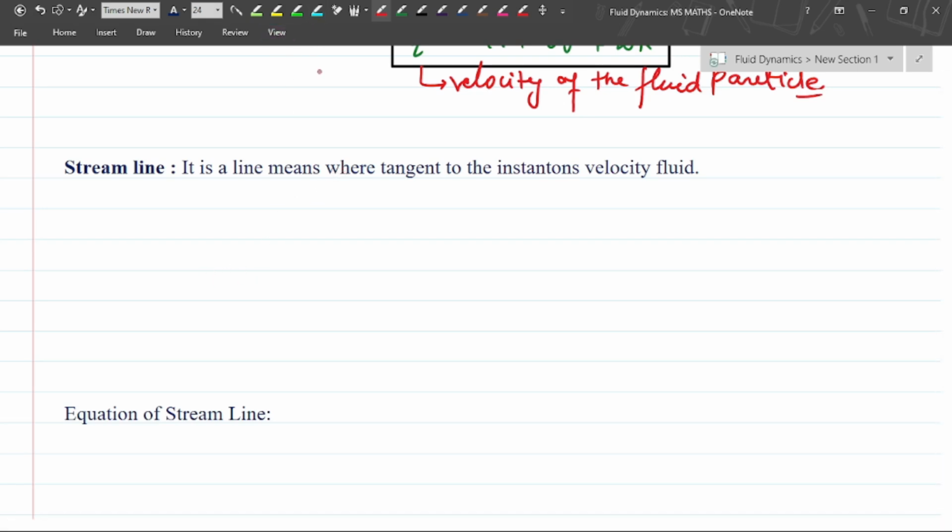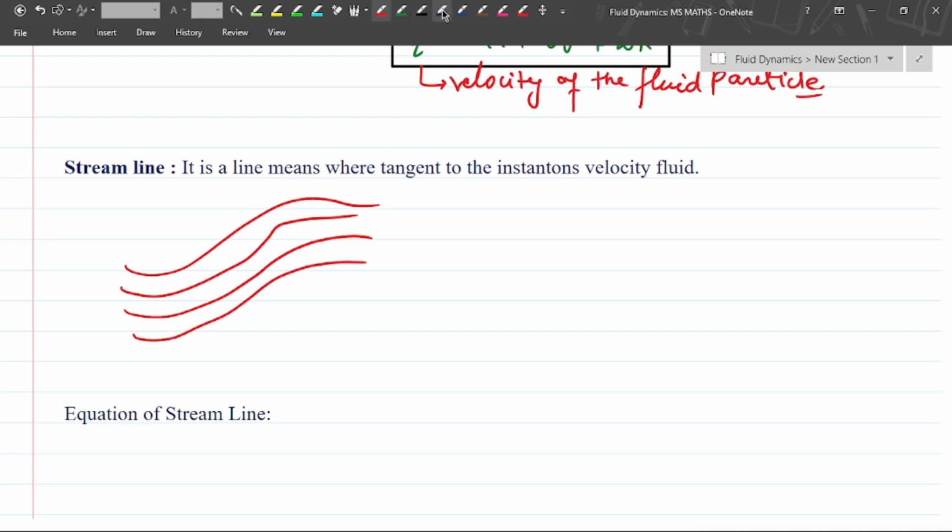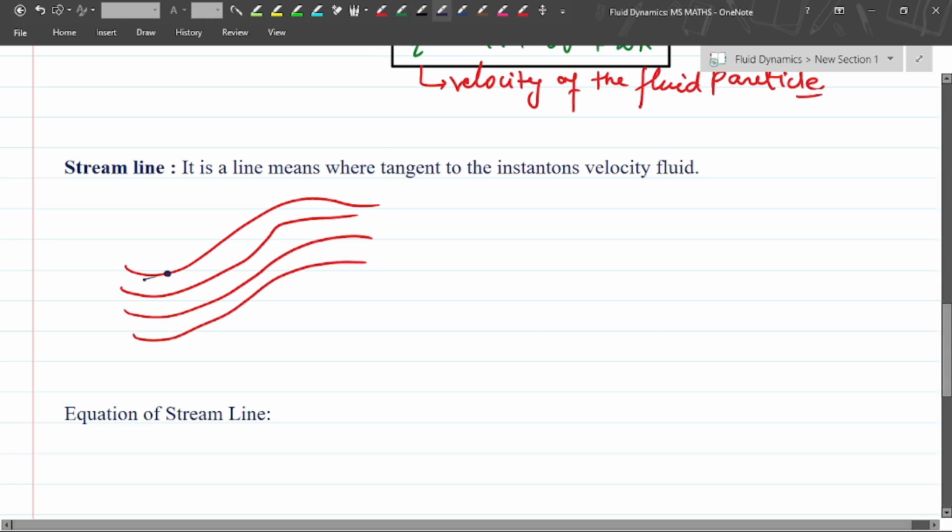Like I'm considering a fluid flowing in this way, and it will be uniform always. Now the tangent at a particular point, in the direction of the instantaneous velocity, these lines represent the streamlines.